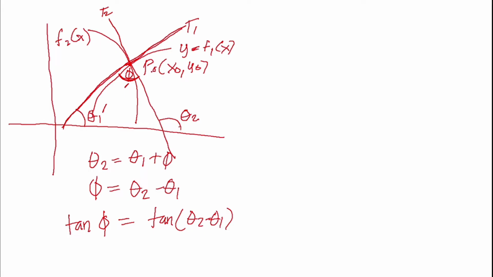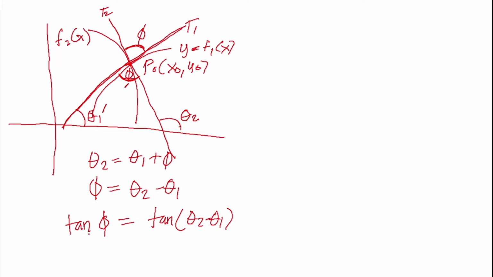This is also a vertical angle, so this is our phi. We have to find how to find the angle for this phi. Phi is equal to theta 2 minus theta 1. Since slope is equal to tangent theta, tangent phi is equal to tangent of theta 2 minus theta 1.